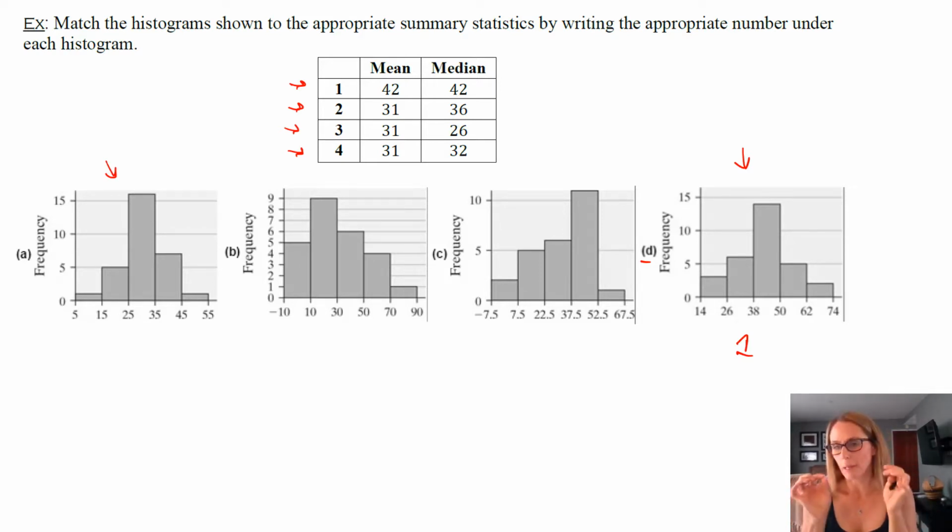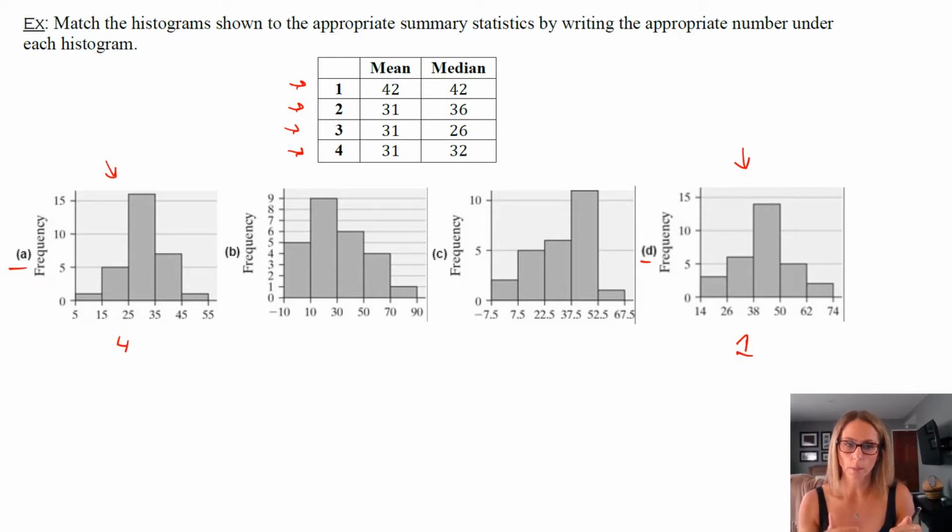Now, again, it could be a little bit different, but in this case, with what we're given, they're the same. For this one, for A, they look very, very similar, but A isn't quite as normal. So it's going to have a slightly different mean and median, but they're going to be very close. So because of that, this is 4.